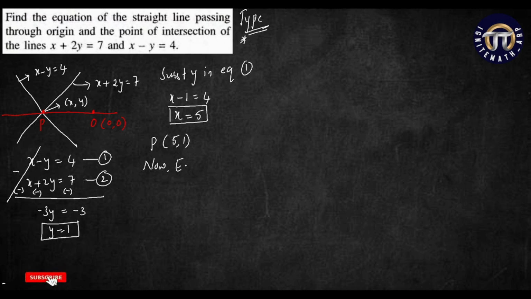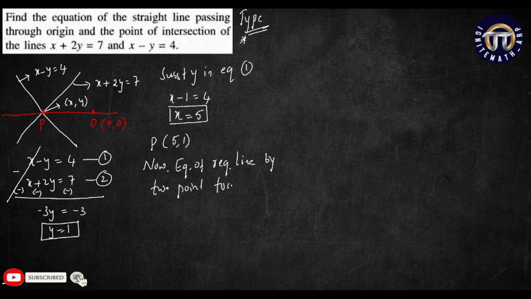Now the equation of the required line by two-point form. Two-point form is given by y minus y1 is equal to m of x minus x1. So I'm supposed to find out the slope of the required line.